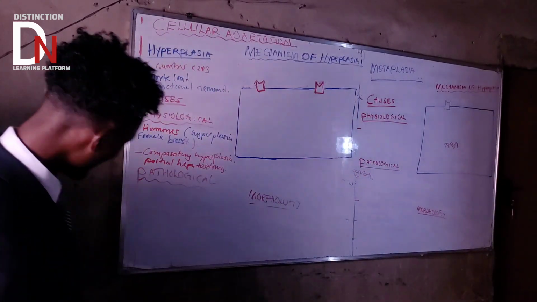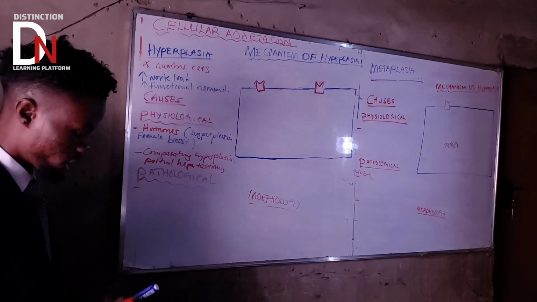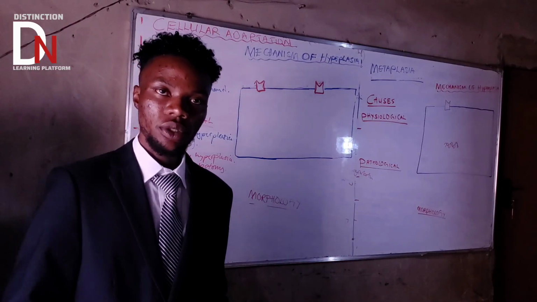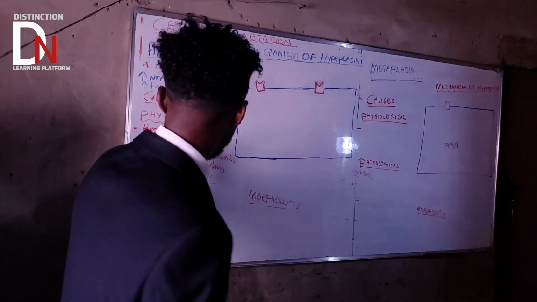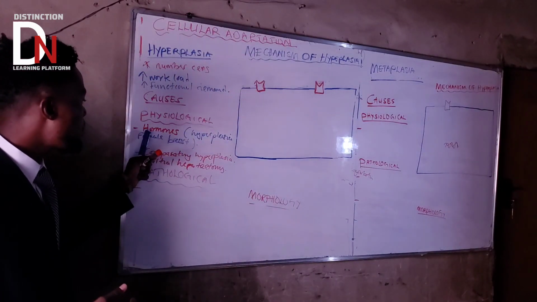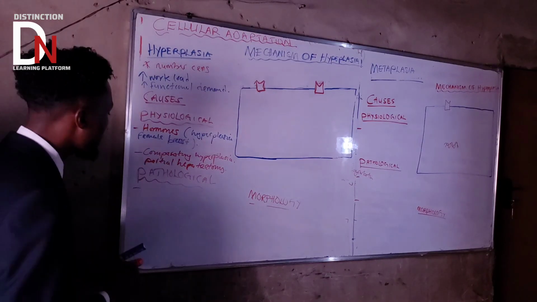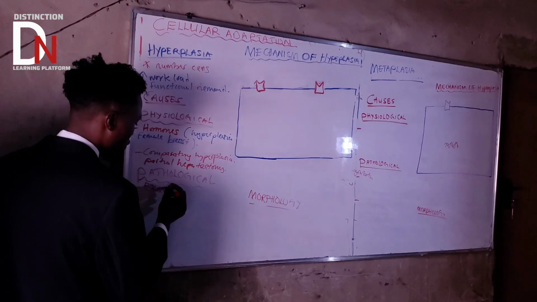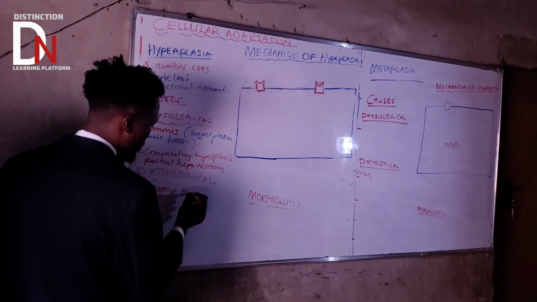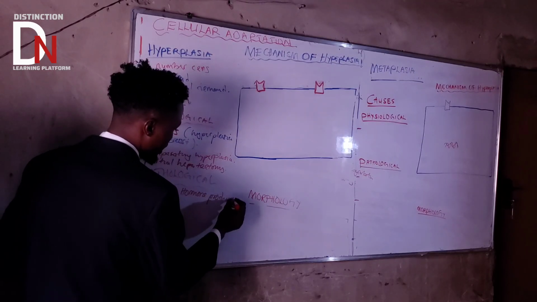Hyperplasia. So what is the first pathological cause of hyperplasia? What do you think? The first one we can talk about here is excessive hormone production.